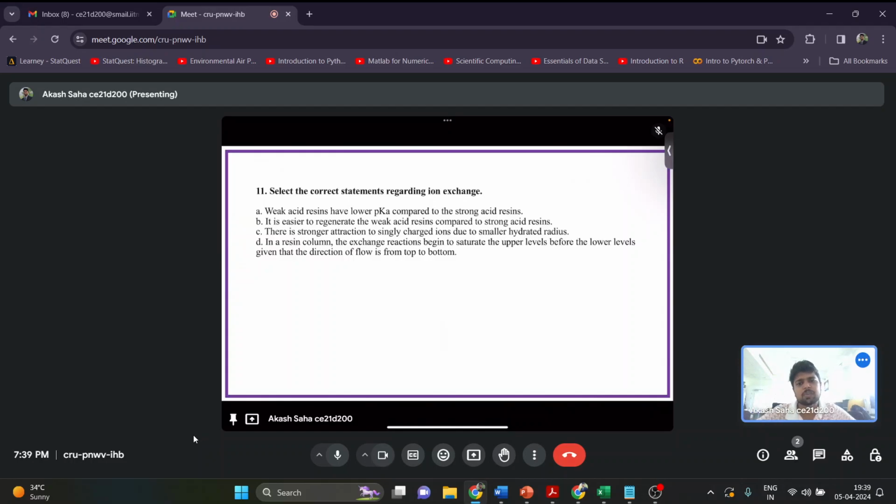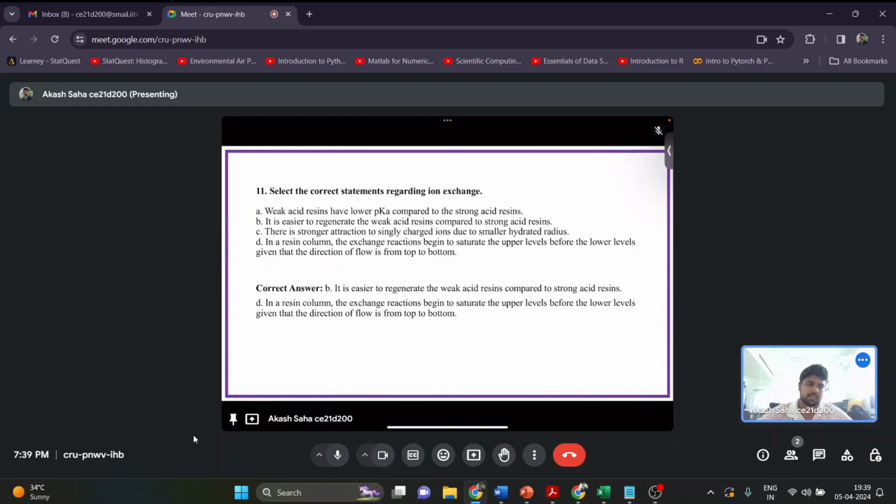Whereas option D is correct because whenever you use a resin column, the upper levels will tend to saturate earlier than the lower levels because the flow is from top to bottom. So upper layers will saturate before the lower. So option B and option D are correct. Okay. So this was about the 11th problem that we discussed.